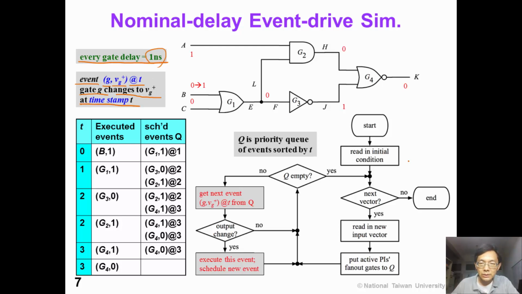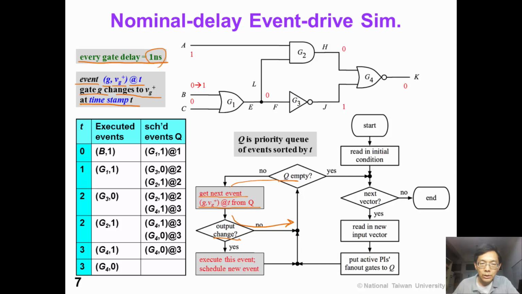And our simulation flow will need to be changed slightly. Every time we pop up an event from our queue, if the output does not change, then we do nothing.